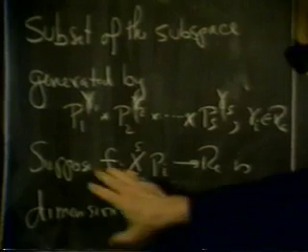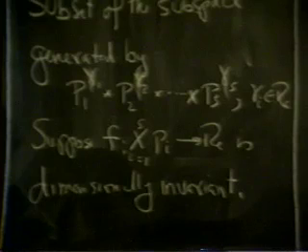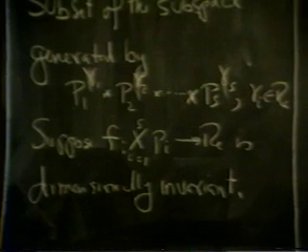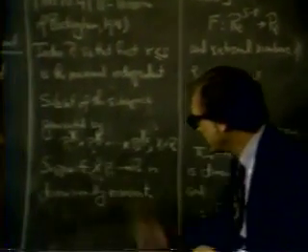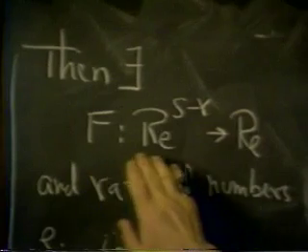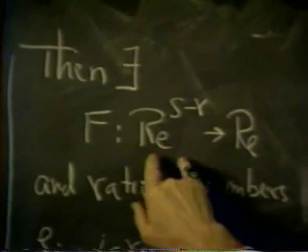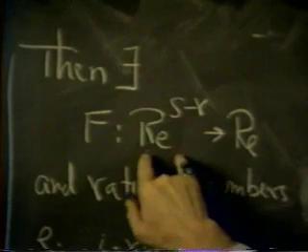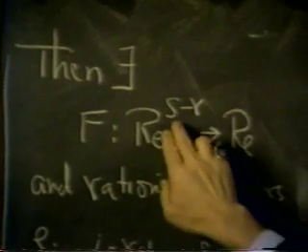And now, of course, we assume that we have this dimensionally invariant function f, and the assertion of the theorem is that we can represent the function f in a very special way, namely that there is a mapping from S minus R Euclidean real space, so simply the Cartesian product of the reals with itself S minus R times.